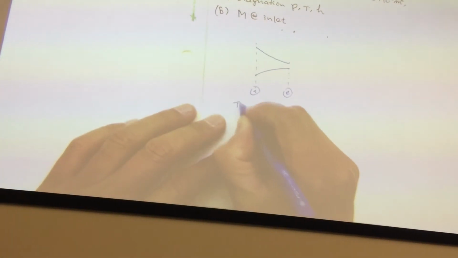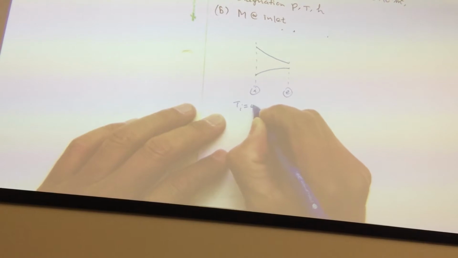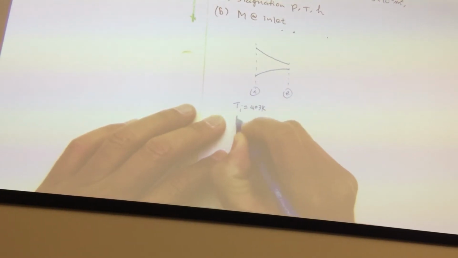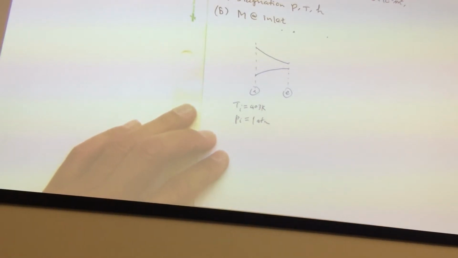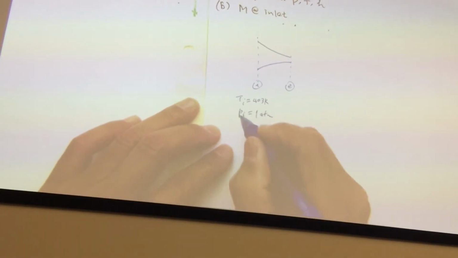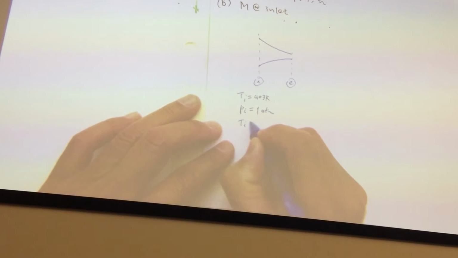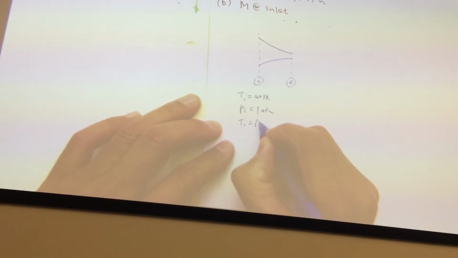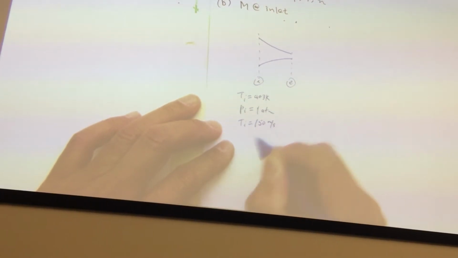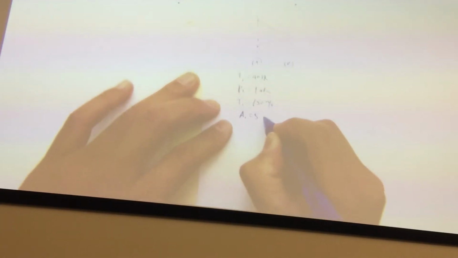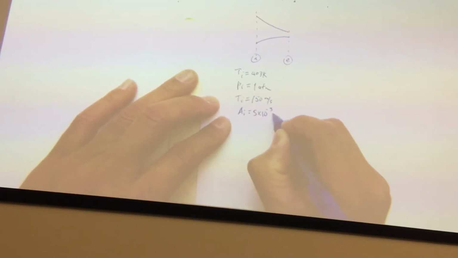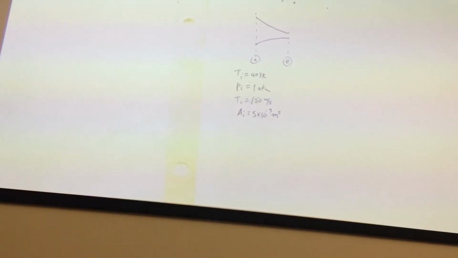So your TI is what? 403 Kelvin. PI is equal to 1 atmosphere. And your VI is equal to what? 150 meters per second. AI at the inlet is equal to what? 5 times 10 to the power minus 3 meters squared.